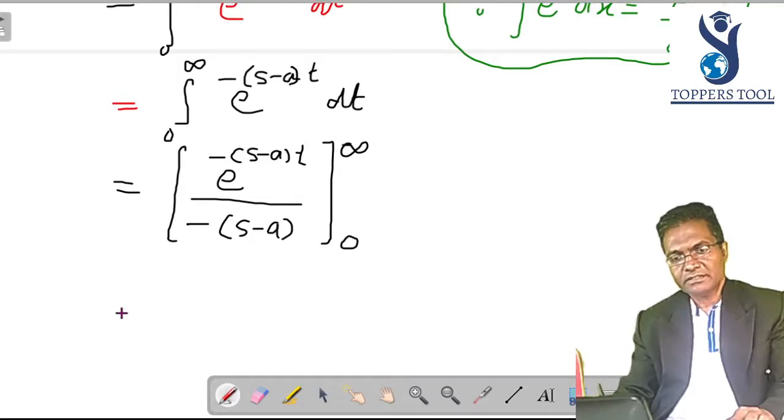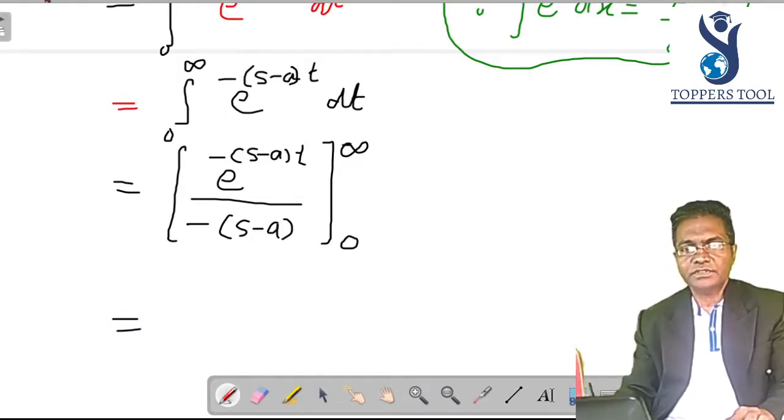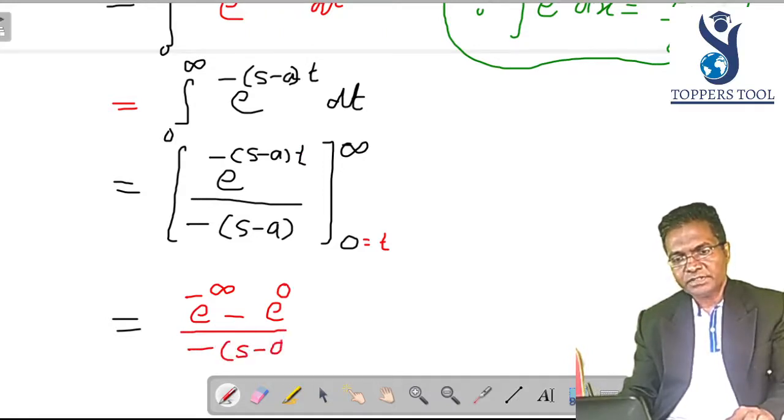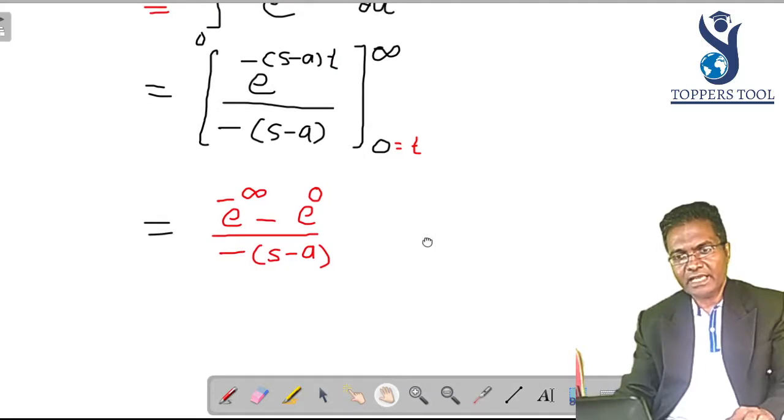Okay. Now substitute upper limit, wherever t you have to put these limits. Okay. So you have to put t is equal to 0 and t is equal to infinity. So if you put t is equal to infinity here, this becomes minus infinity. So e power minus infinity minus e power 0, if you put t equal to 0, divided by minus of s minus a.